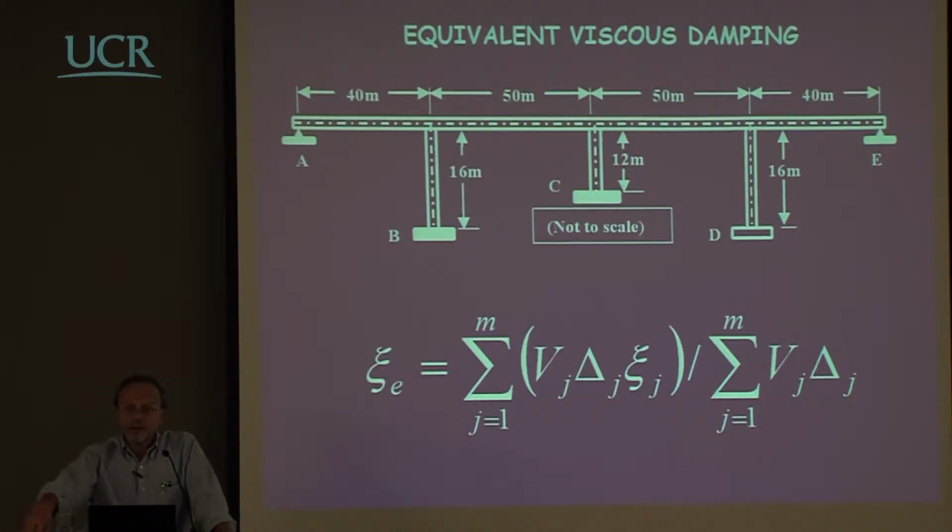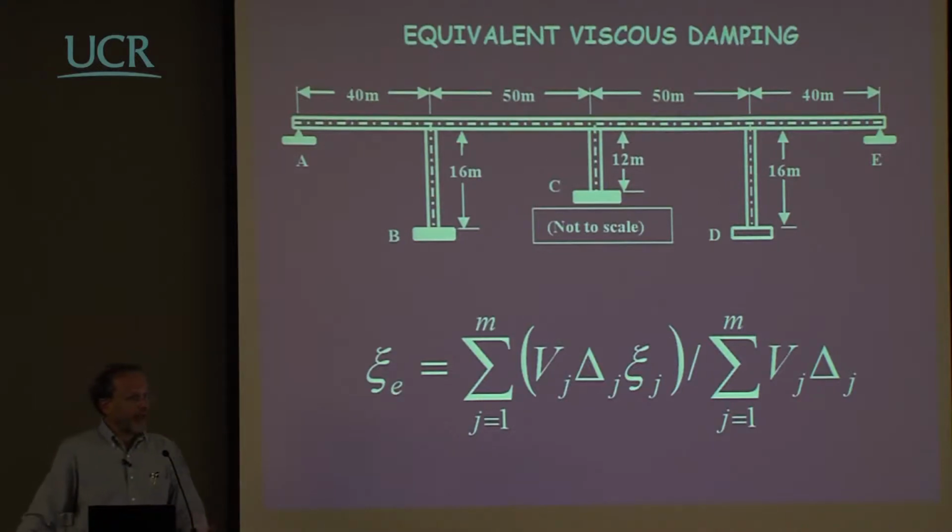But you immediately understand that the same thing is true if you want to evaluate the global equivalent damping of a system of different piers. In that case, if you look at the longitudinal displacement of the bridge, you have the same displacement instead of having the same force passing through the different elements.